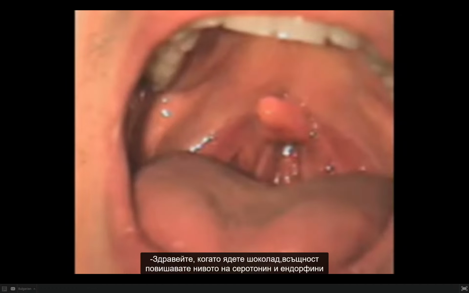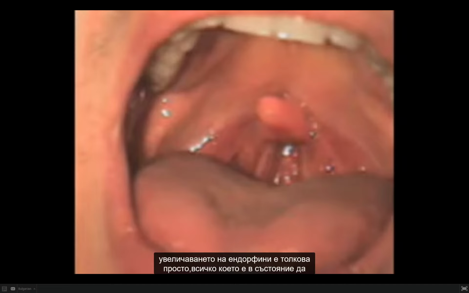When you eat chocolate, you increase the level of serotonin and endorphins directly from the hypothalamus, and because of that you feel joy and happiness like when you fall in love, because it's the same chemical reaction. Increasing endorphins is so simple.